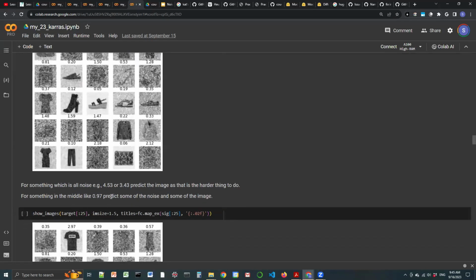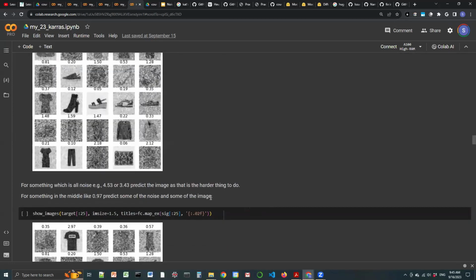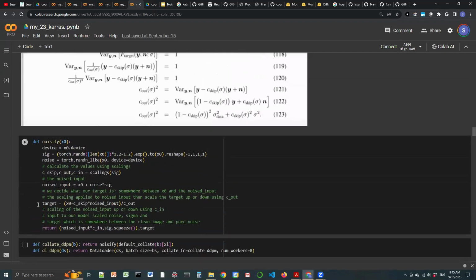For something in the middle, like 0.97 or 0.81, say, you predict some combination of image plus noise, right? To predict some of the noise and some of the image. The reason for that is because our target is no longer just noise. Our target, as this says, is some combination of image and noise, right?